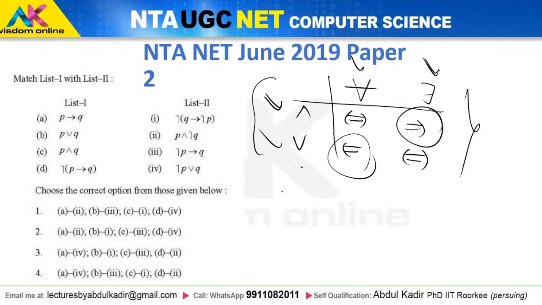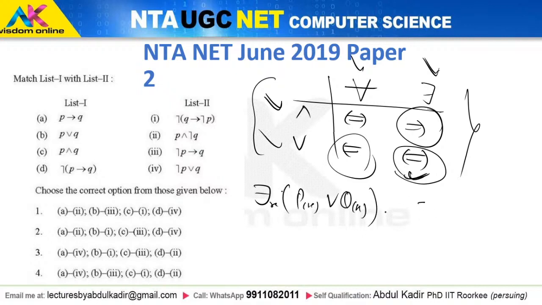Devika is asking, can't we take there exists common? So Devika, when you have this situation, then you can take there exists common. For example, there exists x, px or qx, and on the other side you have there exists x, px or there exists x, qx. You can see the there exists quantifier with disjunction is going both sides.